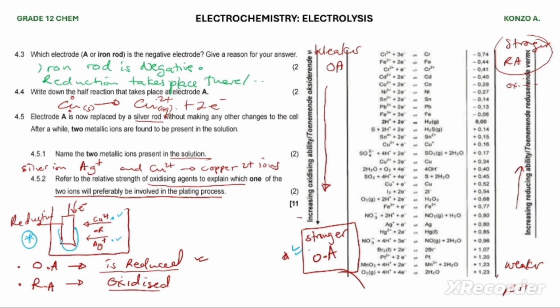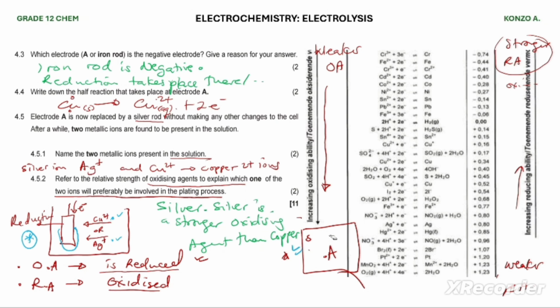So that brings us to the solution there. That means we want to say which one of these will be preferably involved in the electroplating. So our answer is silver, because silver is a stronger oxidizing agent than copper.